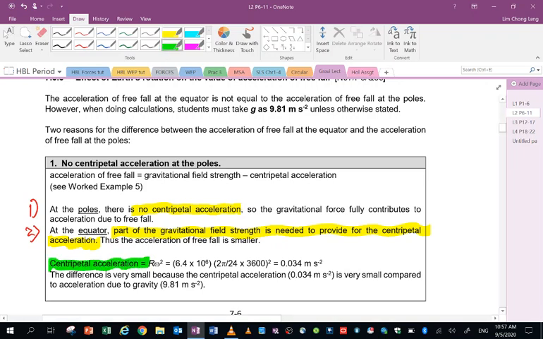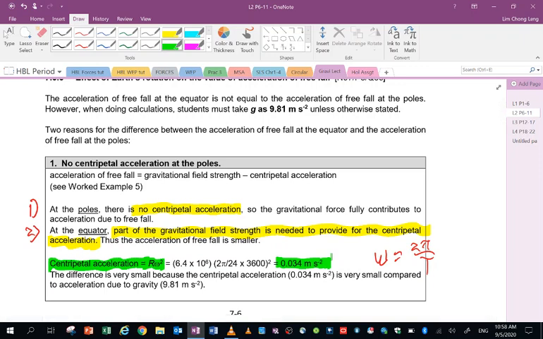If you use the formula omega r squared, where omega is 2 pi divided by the period T, and substitute the values, you get a very small value for centripetal acceleration. So a body at the equator experiences a small centripetal acceleration.